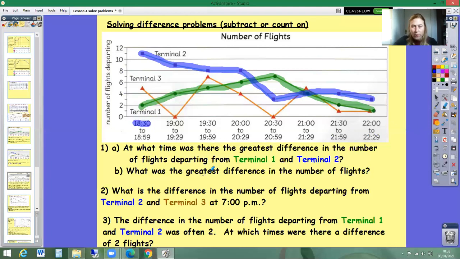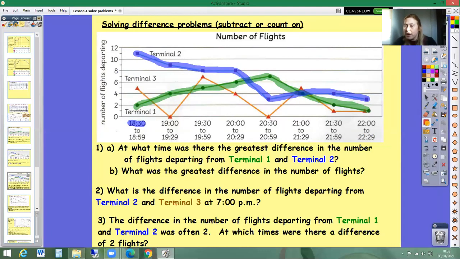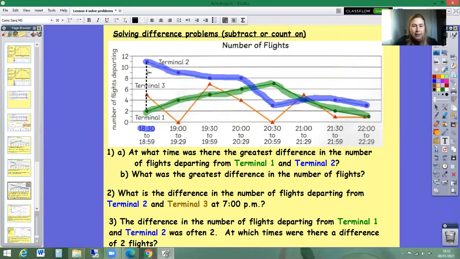Now it says here, what was the greatest difference in the number of flights? So I'm just going to use a dotted line to sort of show you the difference, just to make it really clear. So I'm going for the difference between this number of flights and this number of flights. So it's the difference between 11 and 2. So I could do 11, take away 2, to find out what the difference is.